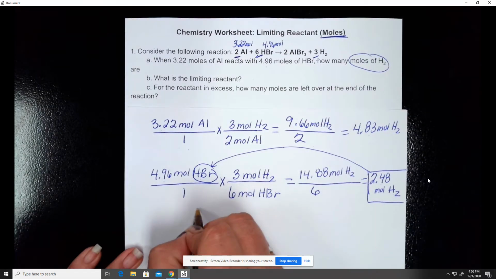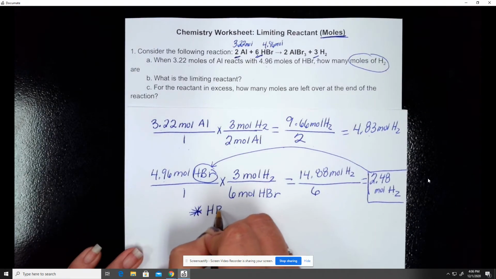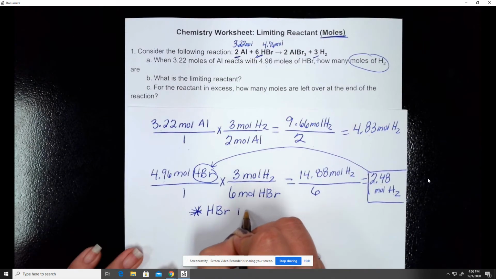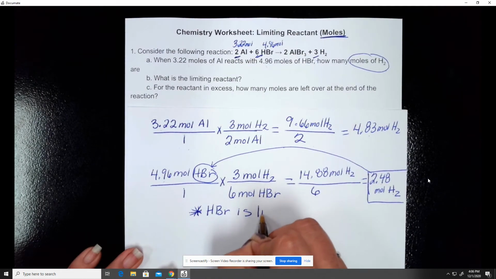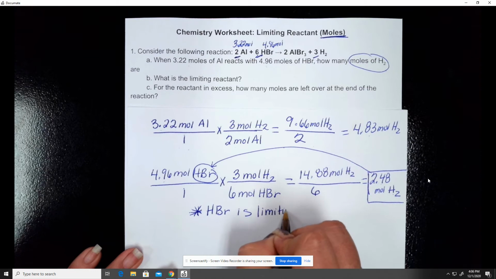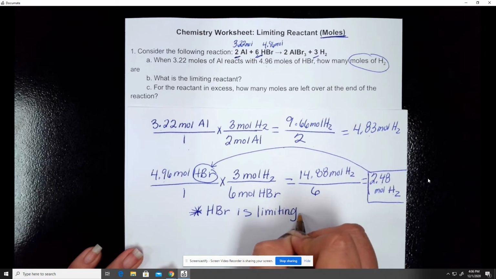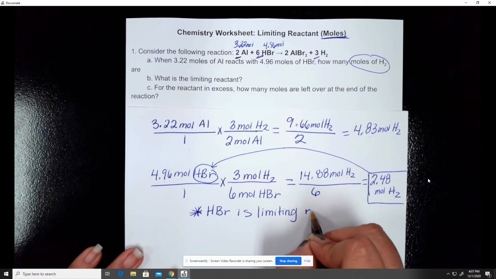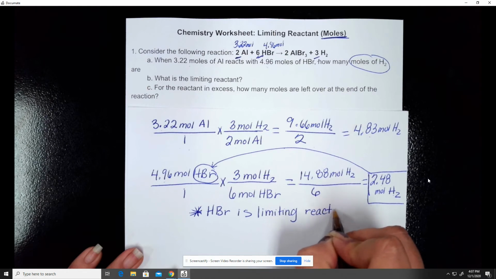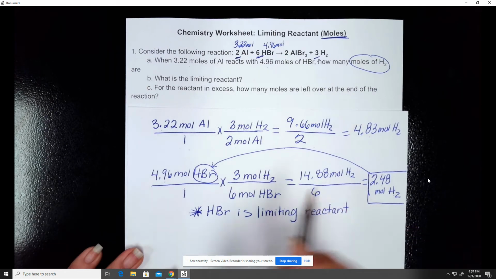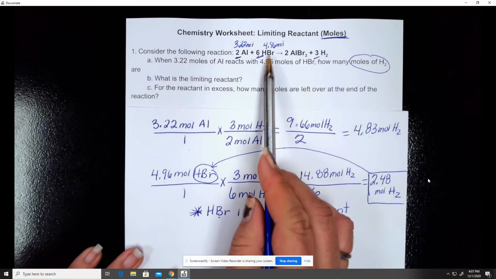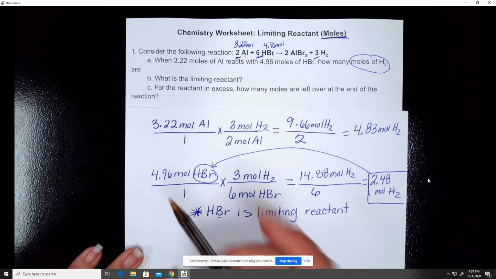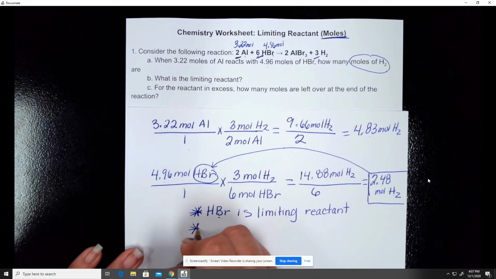So HBr is what I started with. So HBr is limiting, or you can say limiter, either one. And if HBr is our limiting reactant, it means the other reactant, which is aluminum, is our excess.